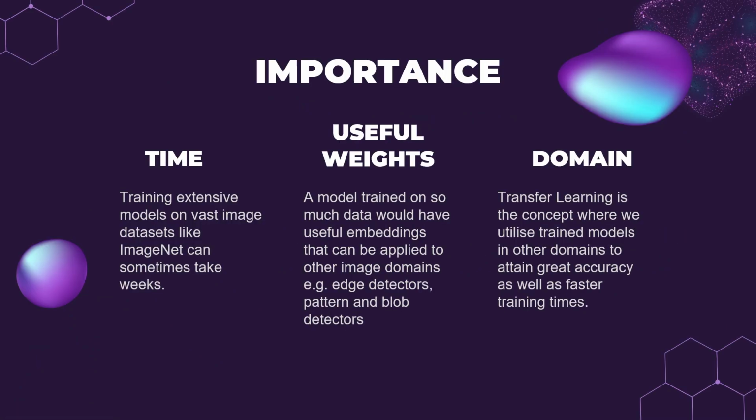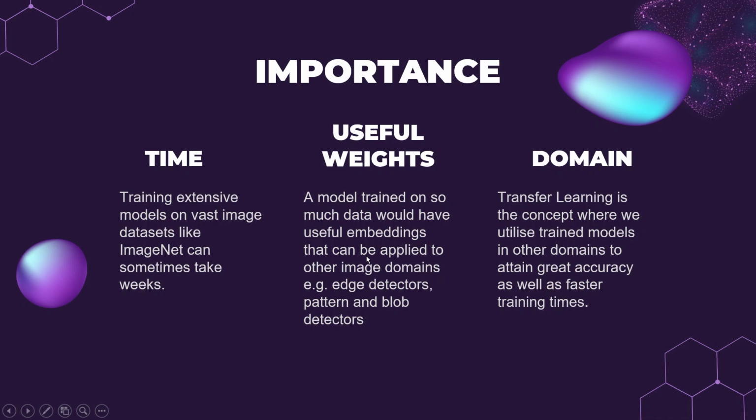Now I will explain the importance of transfer learning. First importance, I already told you, is time. Training time is very crucial because we will not wait a week for the training of the model. So we use pre-trained models to minimize our training time. Second is useful weights.